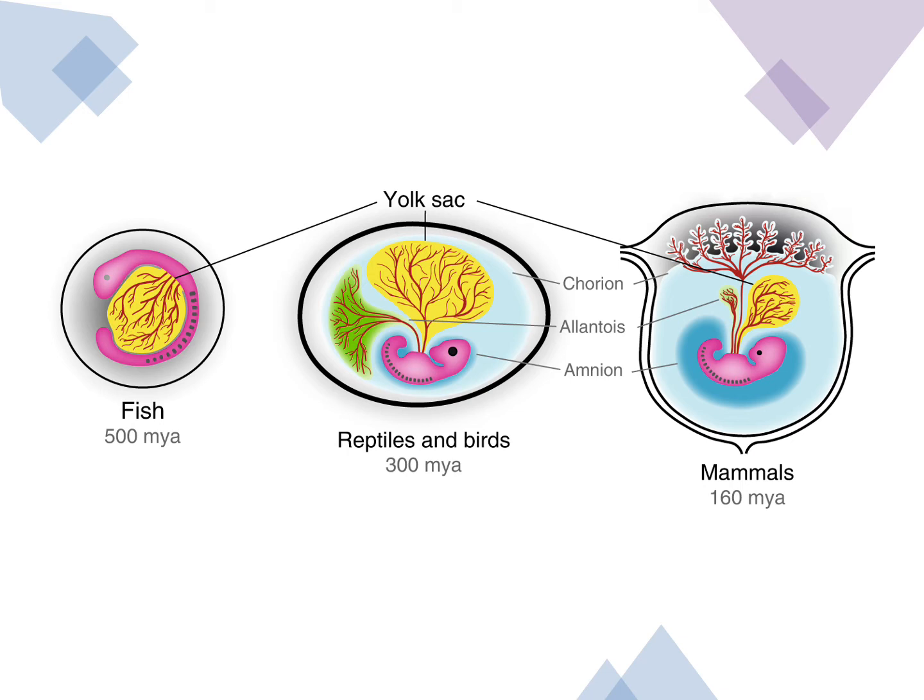So again, you see the yolk sac in all three of these, but you only see the other membranes in the reptiles, birds, and mammals, right? The allantois, which is a large structure in an egg, a smaller structure inside a placental mammal. You see the amnion becoming a more distinct thing in mammals.